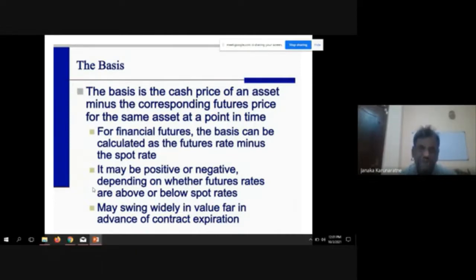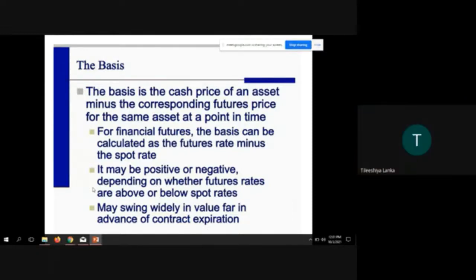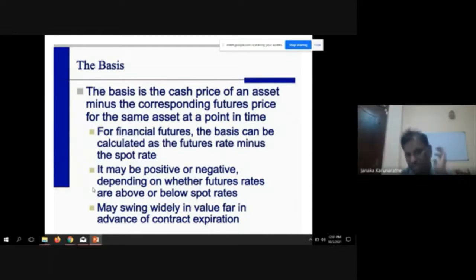For financial futures, the basis can be calculated as the futures rate minus the spot rate. It may be positive or negative, depending on whether futures rates are above or below spot rates. If the futures rate is above the spot rate, then it is positive.